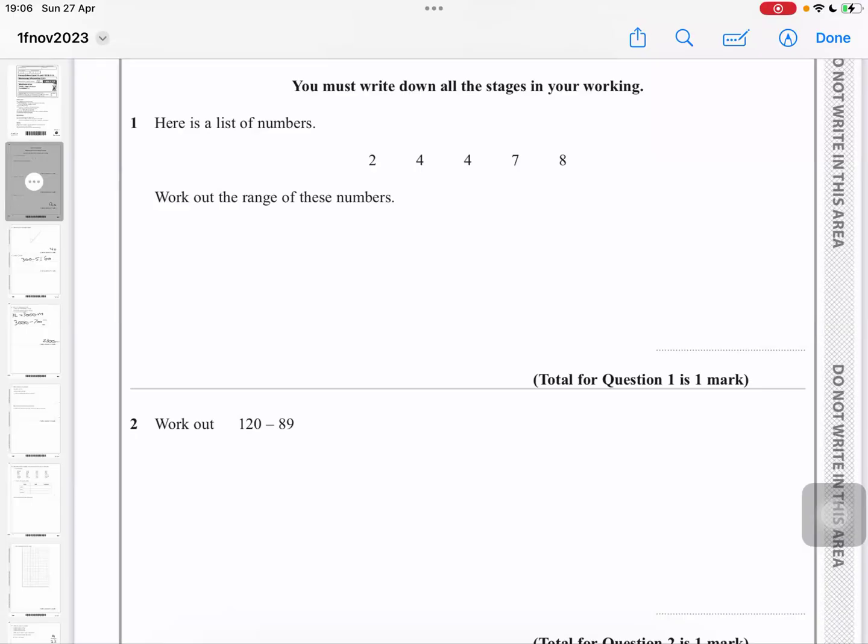Here is a list of numbers. Work out the range of these numbers. The range of a set of numbers is simply the largest minus the smallest, right? Yeah.